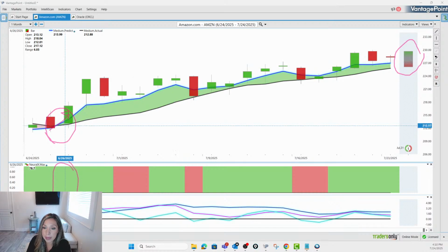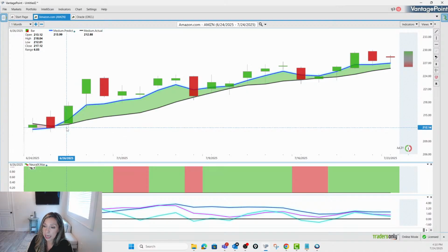Now, of course, confirmation would mean you would want them to confirm each other. You would want good confluence, or really for them to all be in agreement before signaling whether or not you should enter or potentially exit a trade. So in this case, we would be looking at a bullish trend expectation.